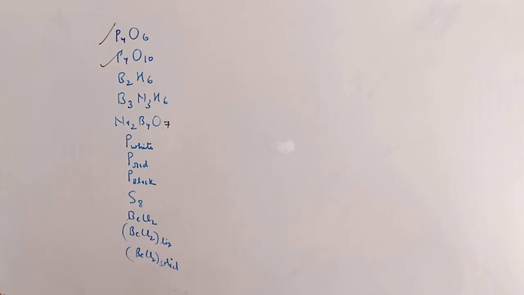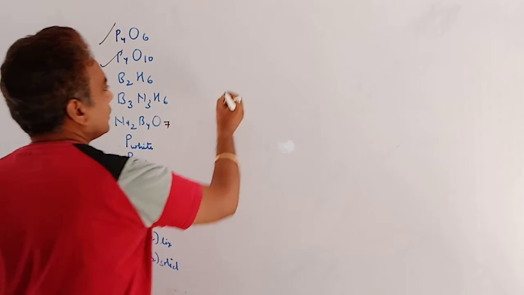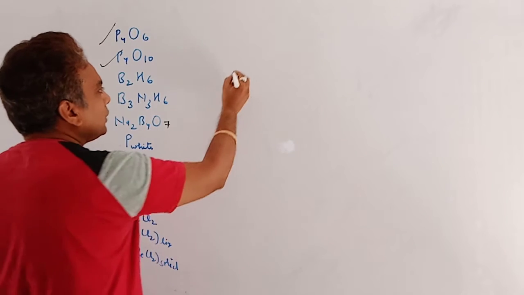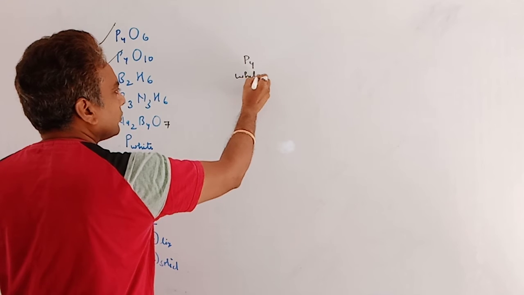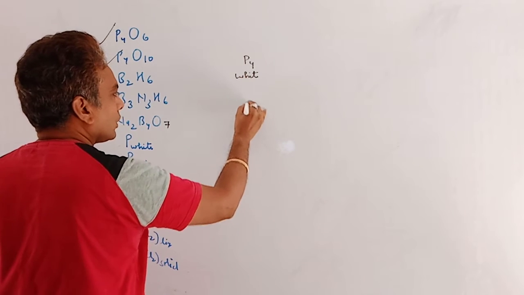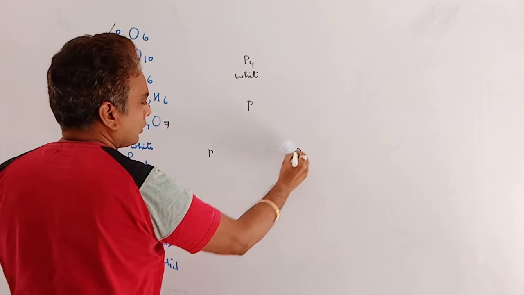Next molecule is white phosphorus. White phosphorus has the unit structure P4. We have 4 phosphorus, 1, 2, 3, 4.